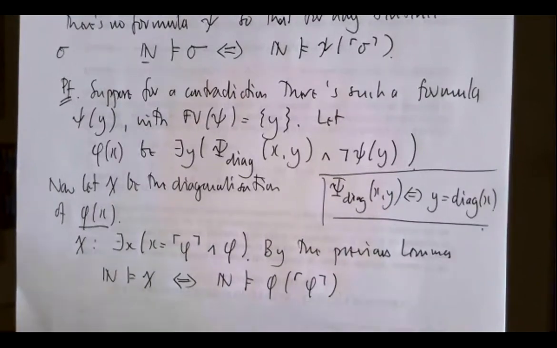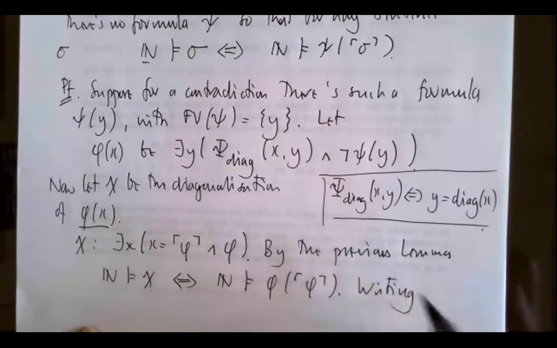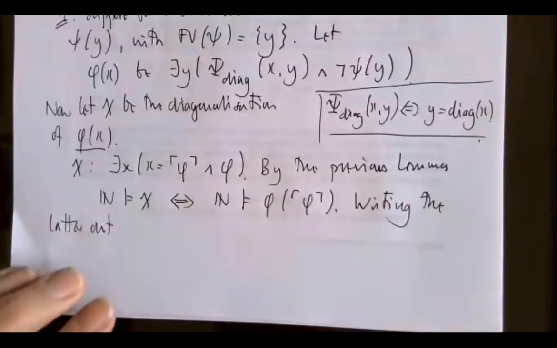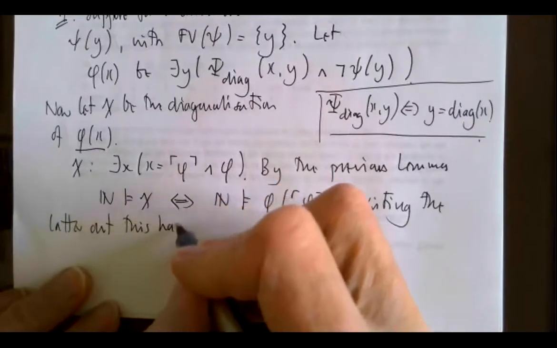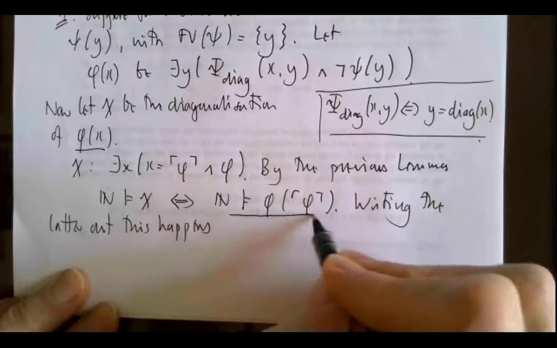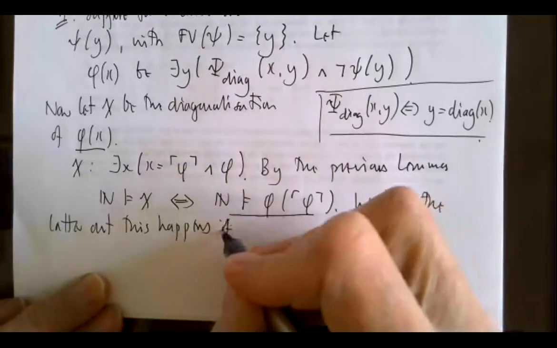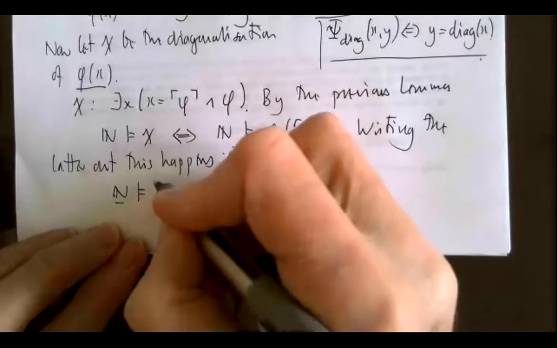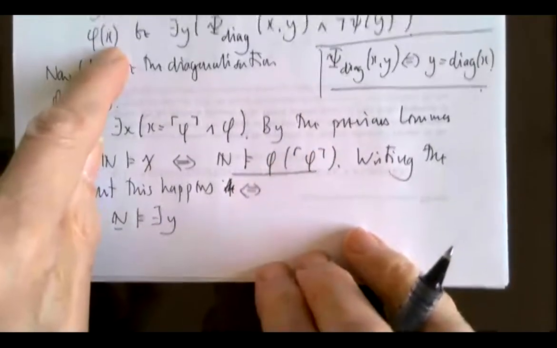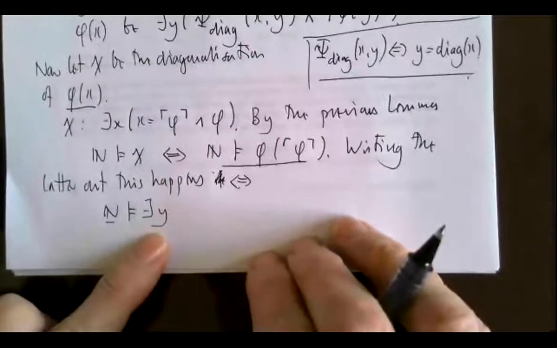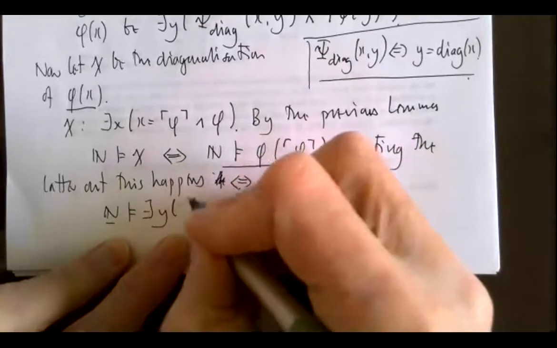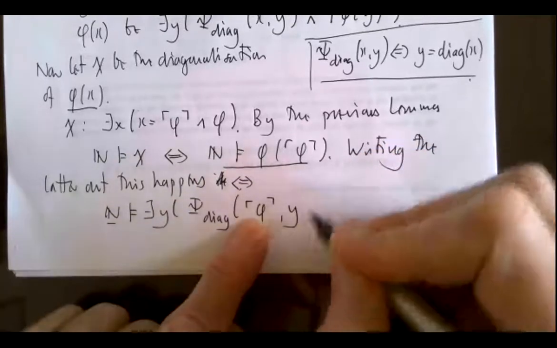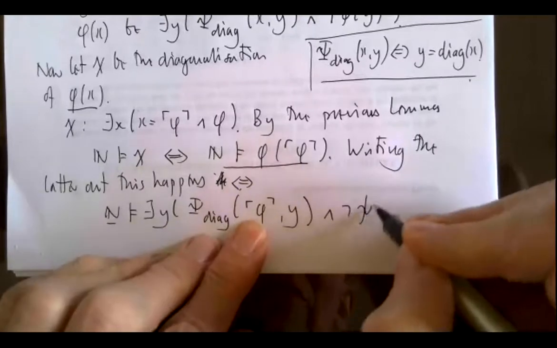So if I write out the latter, the right hand side here happens if and only if, so I'm just writing out now what phi is: the diagonalization of phi here and not psi y.